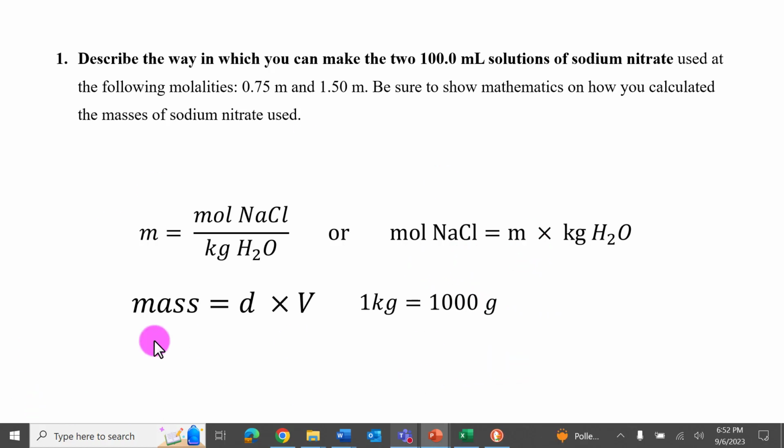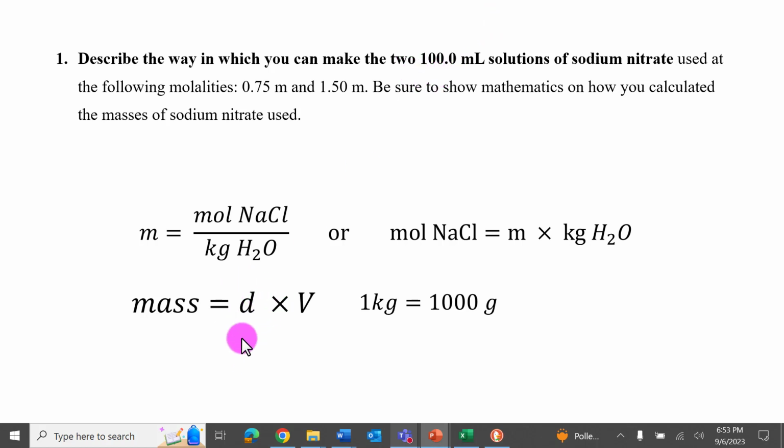But other than that, all these calculations are exactly the same. You just have a slightly different molality for both of these and different molar masses. And the solution has a different volume. So instead of 50, we have 100.